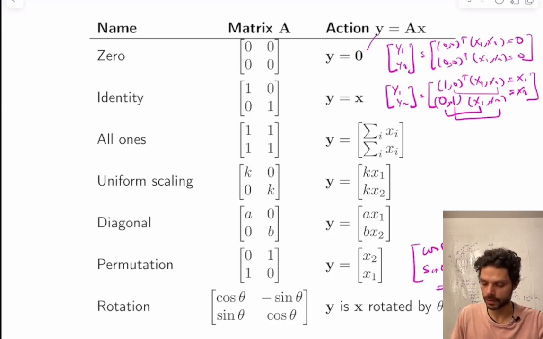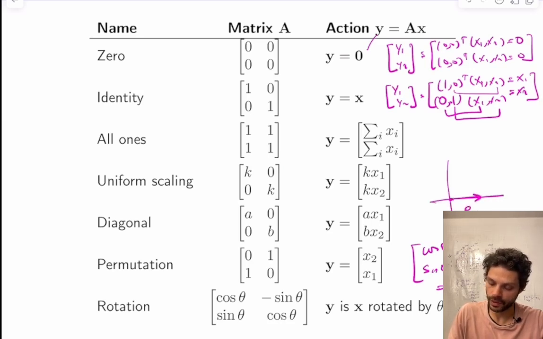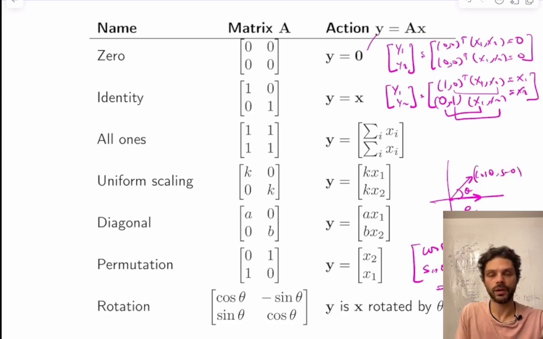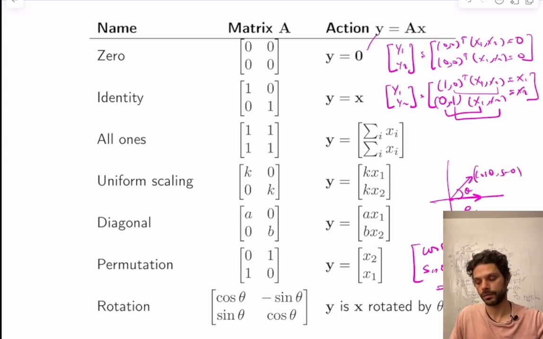So it's just going to be this. So what has it done? It's taken a unit vector, e1, and transformed it to cosine theta, sine theta. So you can think of it as having done a rotation. Okay, so that's how you can play with some of these and get a sense of what they do.